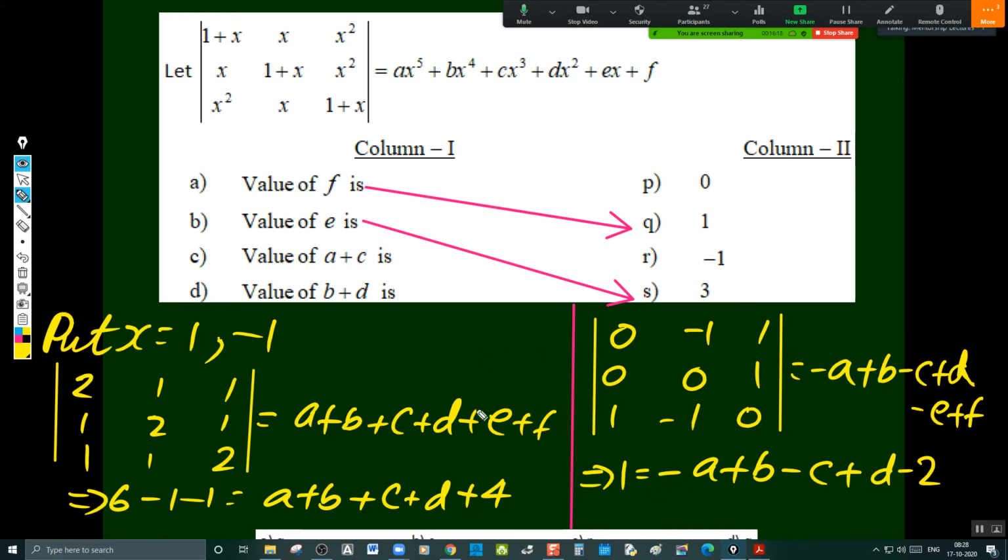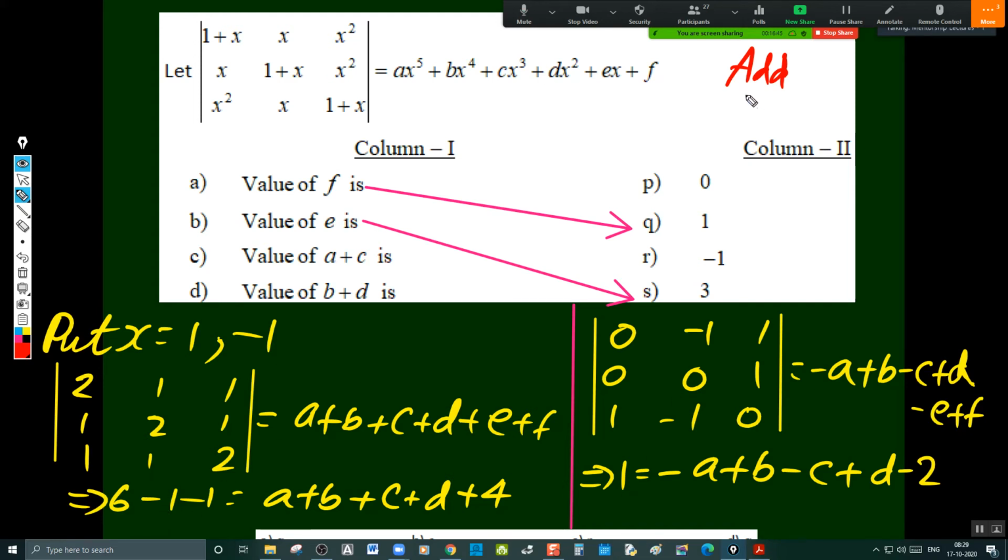Come on, tell me, if you add them, what happens? You will get minus a plus a getting cancelled, plus c minus c getting cancelled, 2b plus 2d. Add them, please. If you add, you will get 4 plus 1, 5. This is 4.